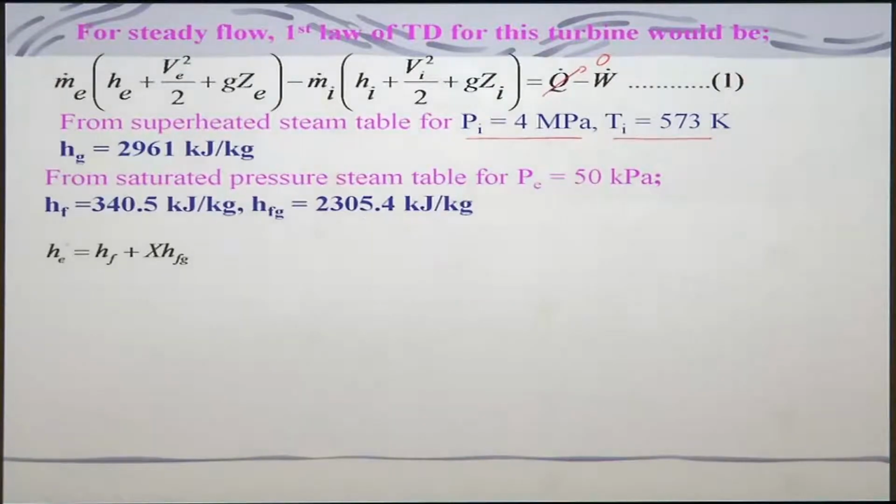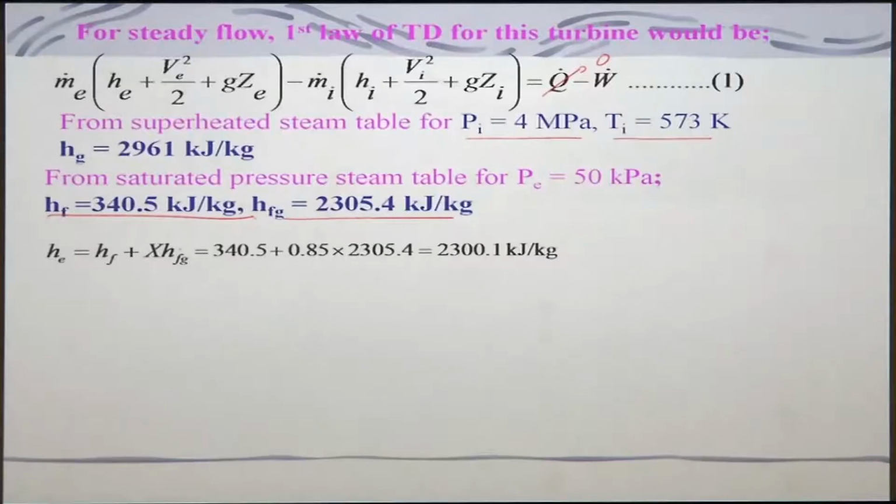So we can evaluate the enthalpy at the exit, HE equals HF plus X times HFG, and substituting those values we get something like 2300.1 kilojoule per kg. Keep in mind that this enthalpy HE lies between HF and HFG because the quality is 0.85. One has to do that cross check while solving a problem, since sometimes you may make some mistake.